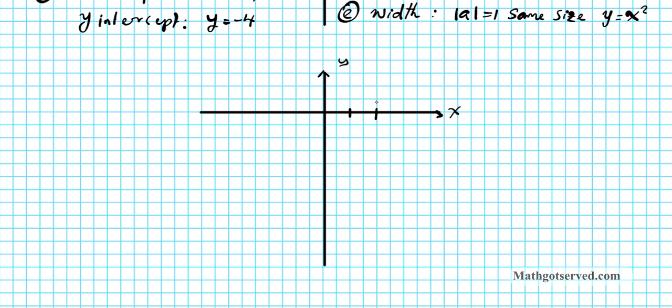Let's call this 1, 2, +2, and then 1, 2, -2. All right, and then our y-intercept is going to be going down. Our y-intercept is -4, so we're going to go 1, 2, 3, 4.